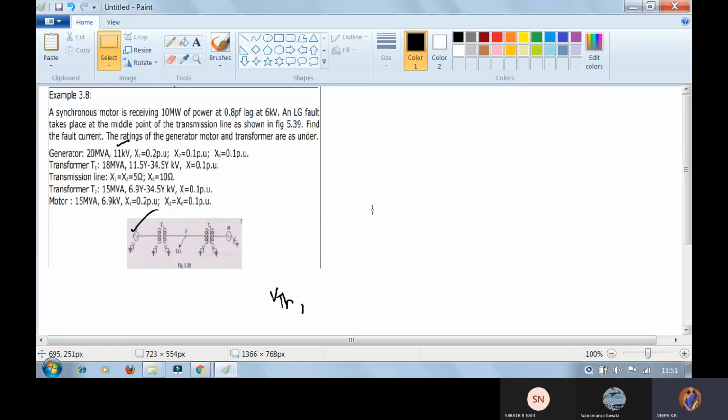So VTH with respect to the fault condition can be written as VM, the per unit value you calculated, plus IM into ZFM.